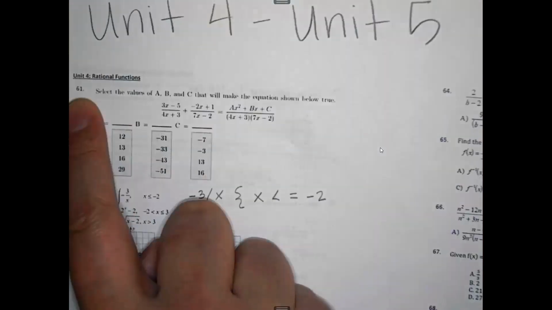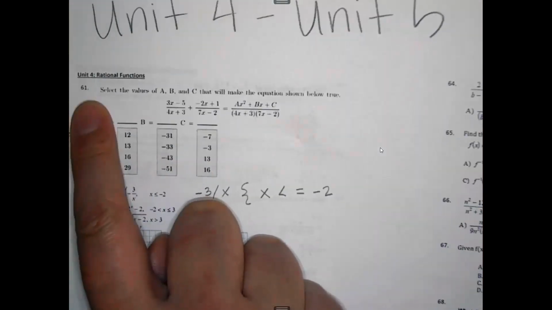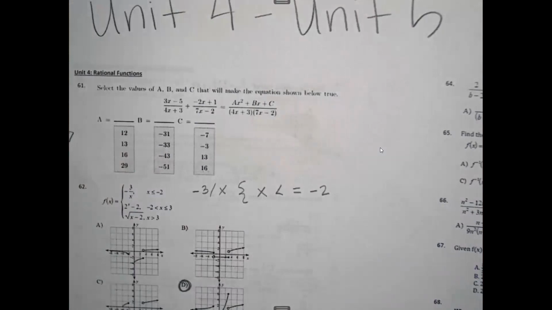Unit 4 starts at problem 61 and goes to problem 79, so it's the first page front and back. At 1, we'll do problem 61 together. You're doing every problem except problem 61, and I'll help you with that at 1 o'clock.